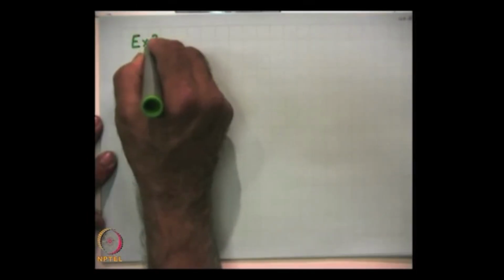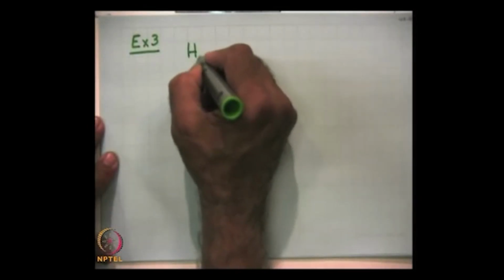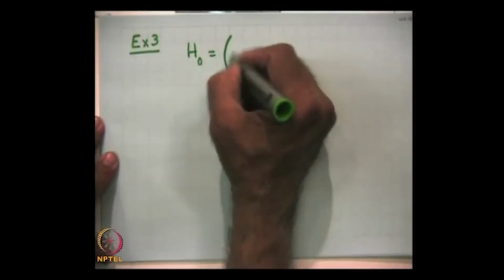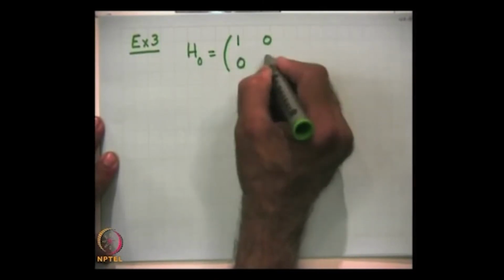Let me take an example, my example 3 from matrix algebra. Let me consider H naught equal to the matrix (1 0; 0 1).